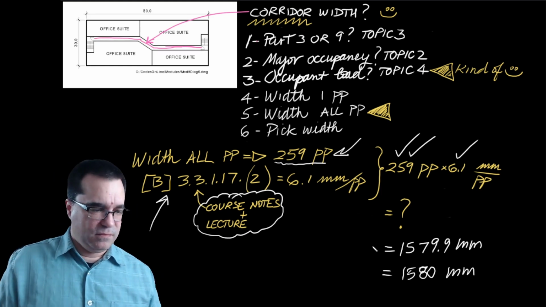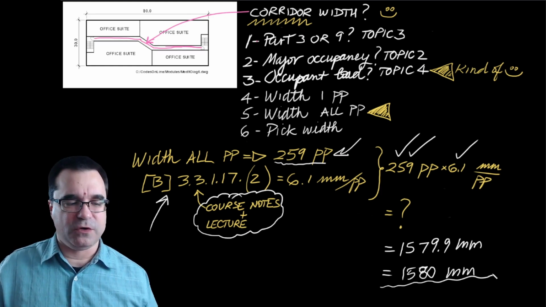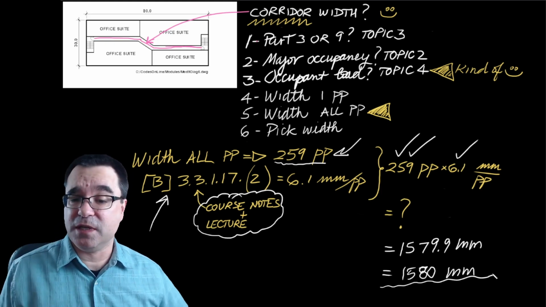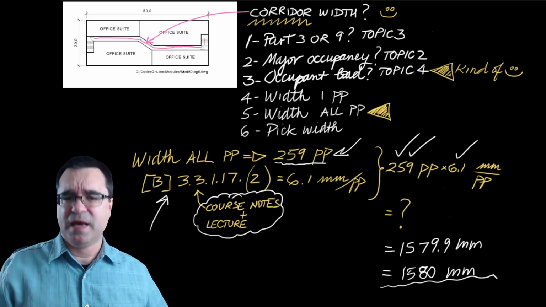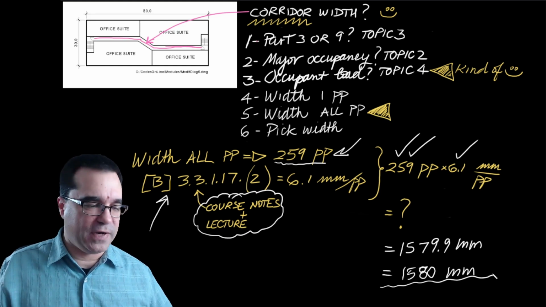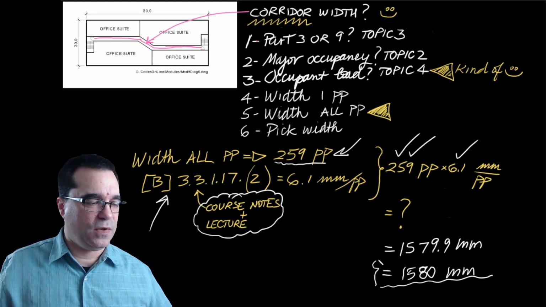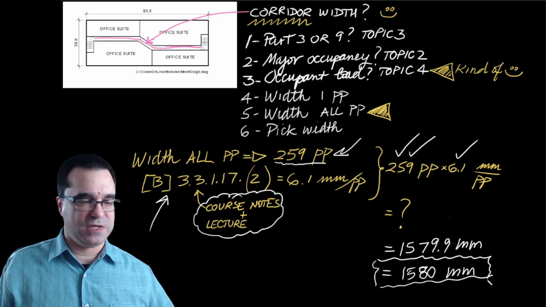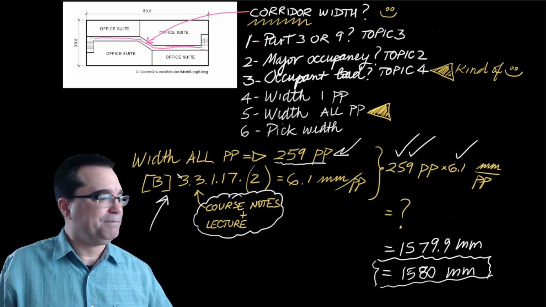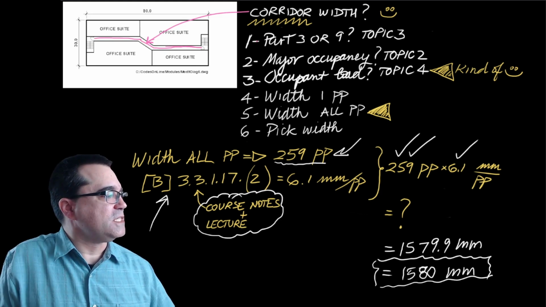And even then, you might want to round it up to the nearest 5 millimeters, maybe. You want to ask your boss or your supervisor about this. But in our case, 1,580 millimeters is the way to go. Okay? Let's move on to step number 6.